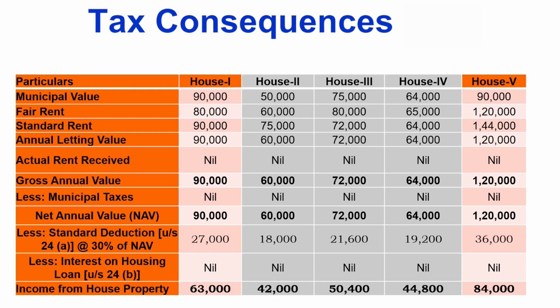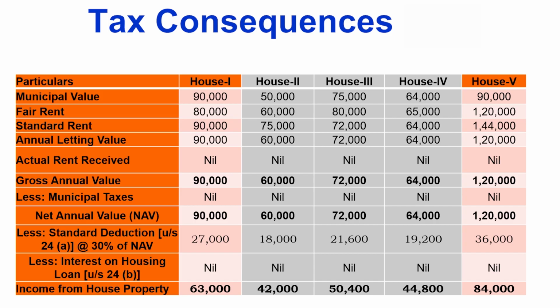In the case, we saw that municipal values were given for house 1 90,000, house 2 50,000, house 3 75,000, house 4 64,000, house 5 90,000, and fair rent for house 1 80,000, house 2 60,000, house 3 80,000, house 4 65,000, house 5 1 lakh 20,000, and standard rent for house 1 90,000, house 2 75,000, house 3 72,000, house 4 64,000, house 5 1 lakh 44,000.